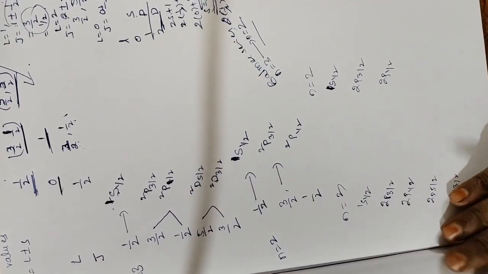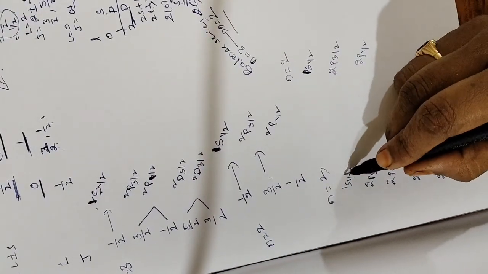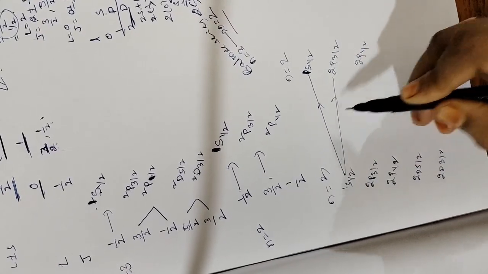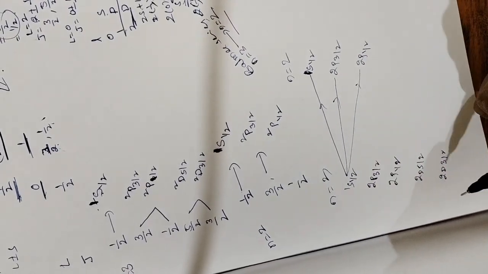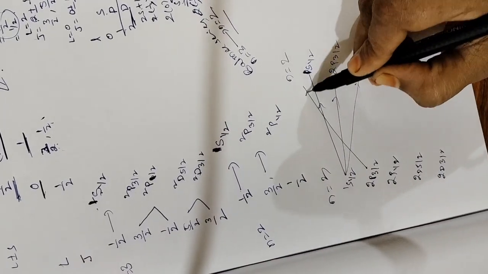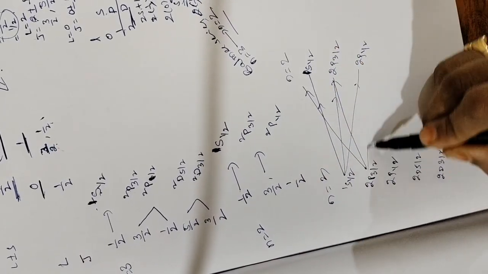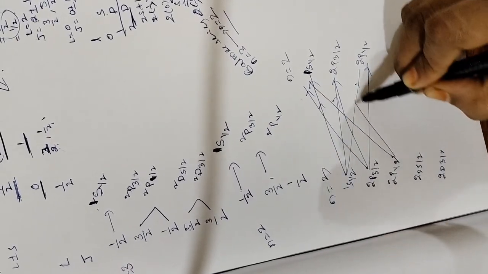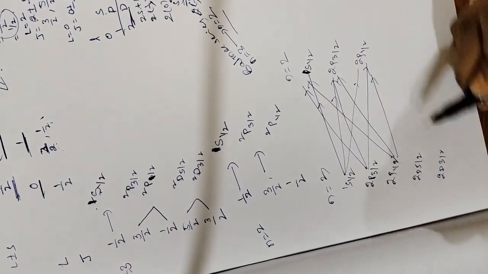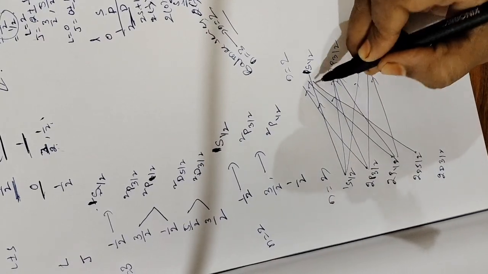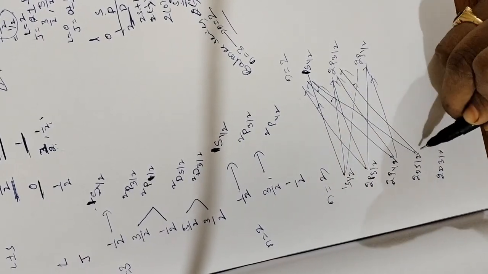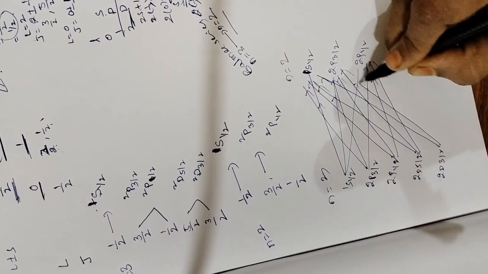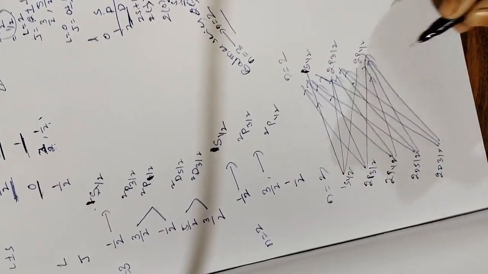Now see how will be the transition. First this may go to here, 1, in such a way 2, 3, again 4, 5, 6. Again this also, 7, 8, 9. Again 10, 11, 12. Again 13, 14, 15.